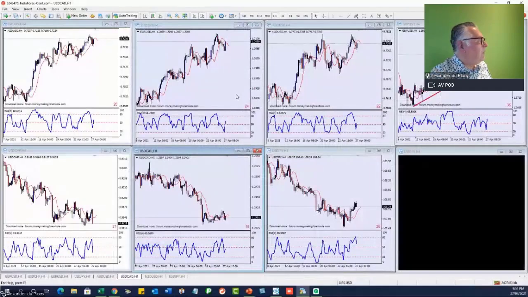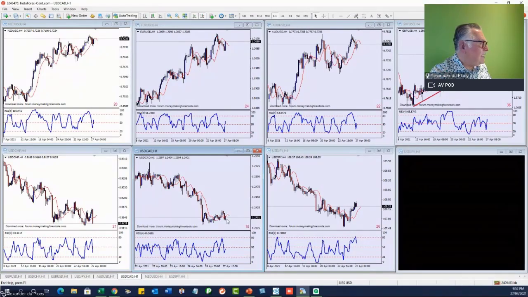So what I'm basically saying here is that all the USD, where the USD is the second currency in the cross, can you see all of them have got blue candles? Blue candle, blue candle, blue candle, blue candle. Then if you look at the bottom here, you've got the USD where that's the first currency, and here you have them going down.